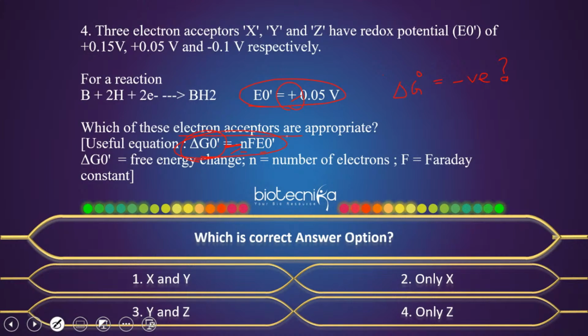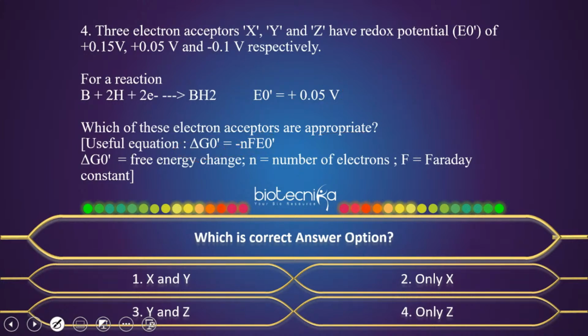They are asking which of these will be appropriate, means they are looking for something which is favorable, isn't it? So tell me, if delta G0 comes with a negative sign, is it favorable or unfavorable? It is very much spontaneous. Yes, very good. It is favorable, isn't it? That means we are looking for delta G values which will come negative.